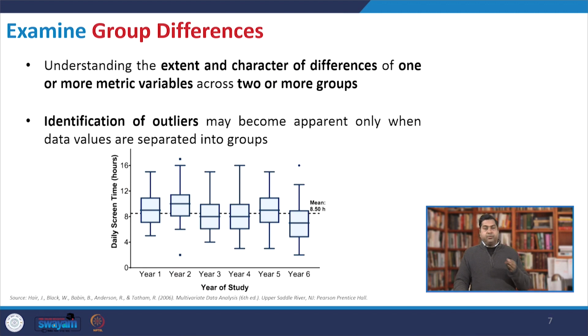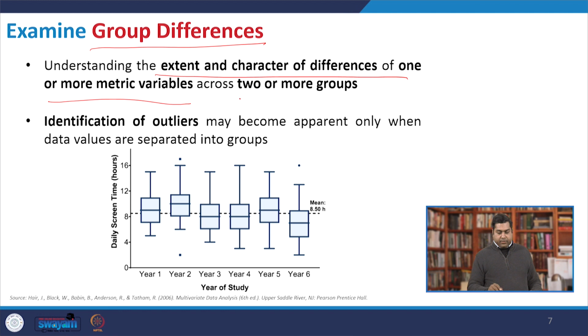Now the other part of it, when we have more variables and you want to compare. If you want to compare the group difference in a particular study, understanding the extent and character of differences of one or more metric variables across two or more groups, which is also referred to as multivariate analysis, there we can use this kind of box plot.